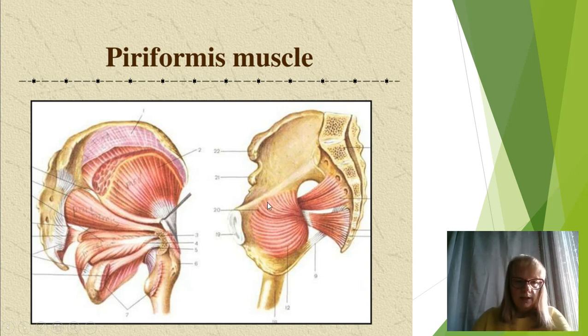Between the hip bone and the piriformis muscle we have the suprapiriformis foramen. It's a really narrow space, not a big foramen, like a fissure. Below the piriformis, above the gemellus superior, is located the infrapiriformis foramen.